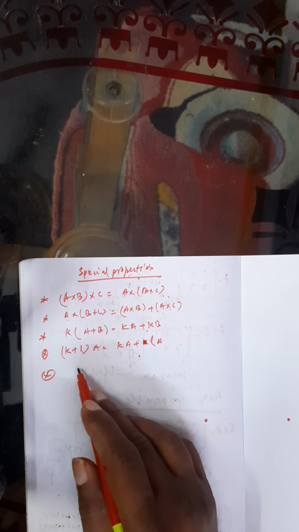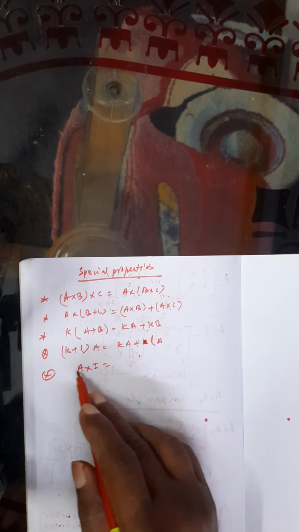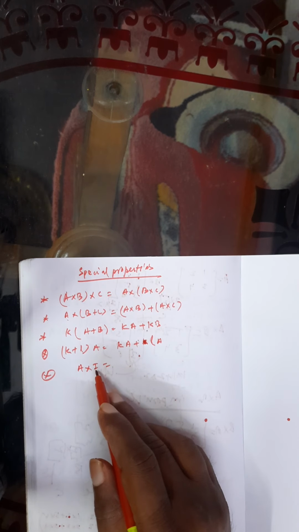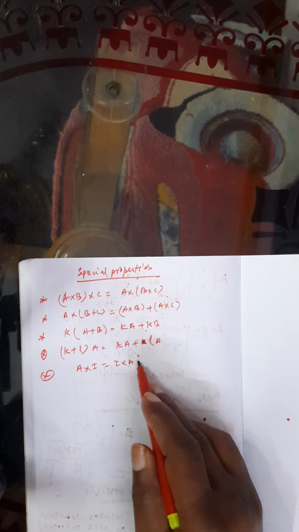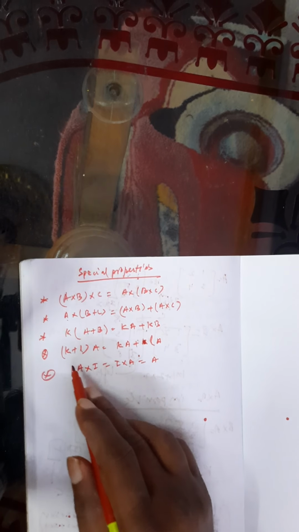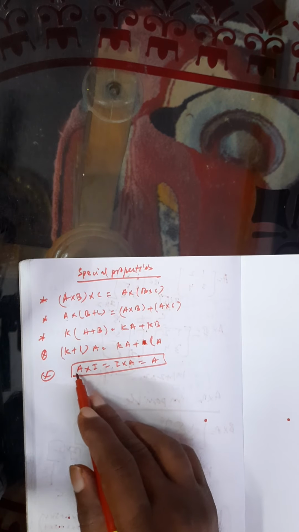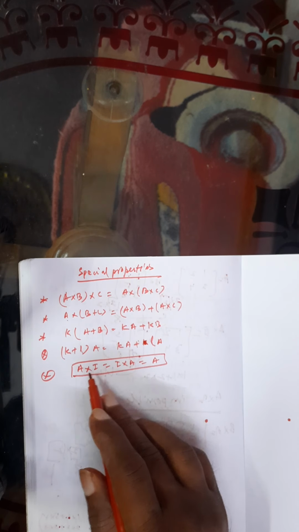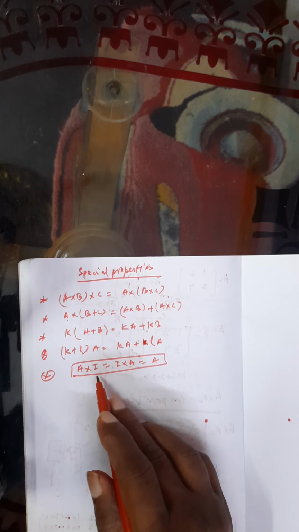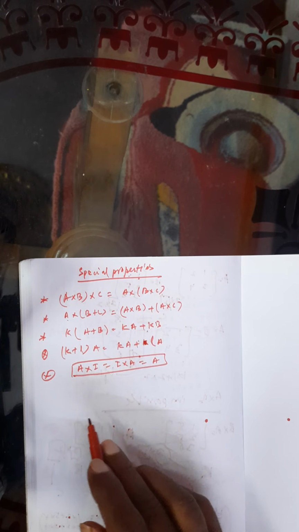One more special property: A into I, where I is the identity matrix. A is any matrix, and we have to take I of the same order. A times I equals A, always. That's why I is called the multiplicative identity matrix, of the same order as A. If it is 2 by 2, this is also 2 by 2. If it is 3 by 3, it is also 3 by 3. I should be a square matrix, then A is also a square matrix.